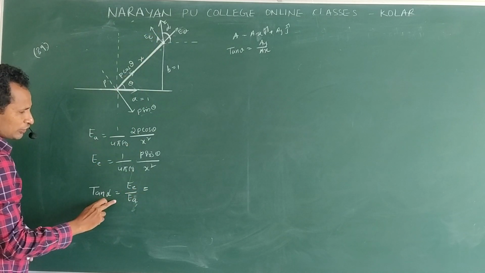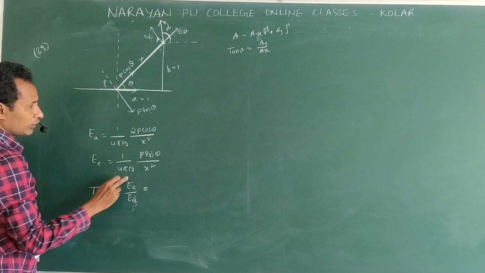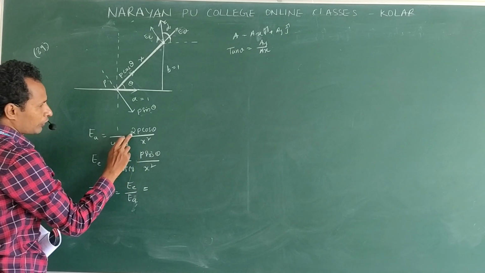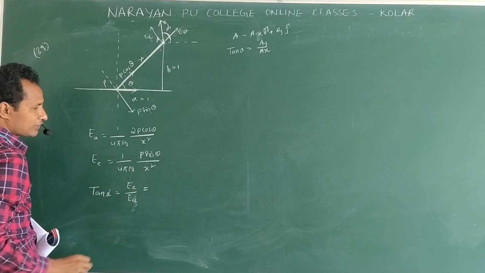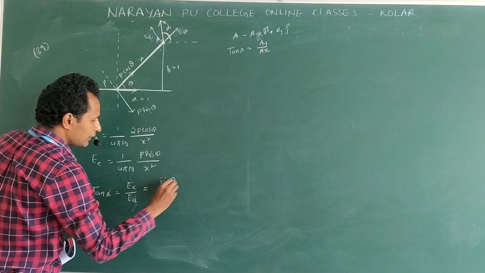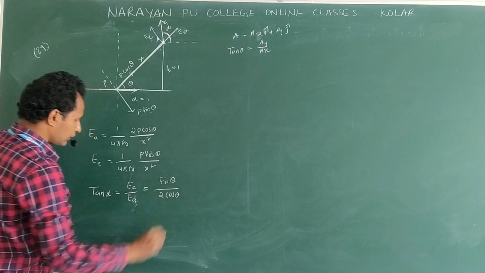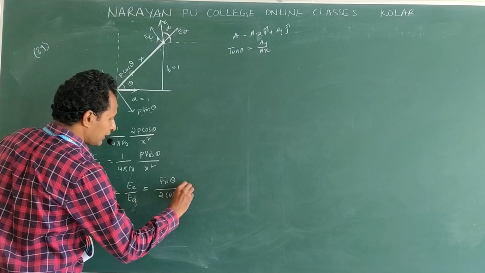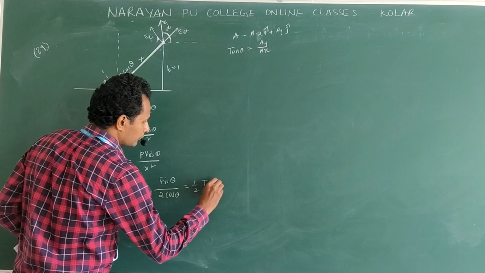Then if we substitute this, 1 by 4 pi epsilon, 1 by x square, P will be cancelled. We have sin theta by 2 cos theta. Clear? Then this will be 1 by 2 tan theta.